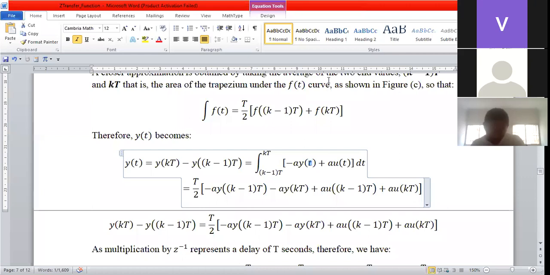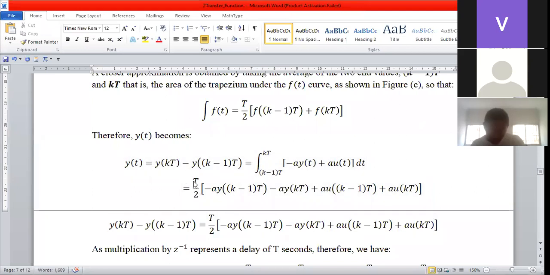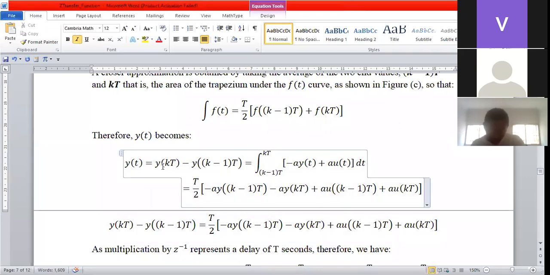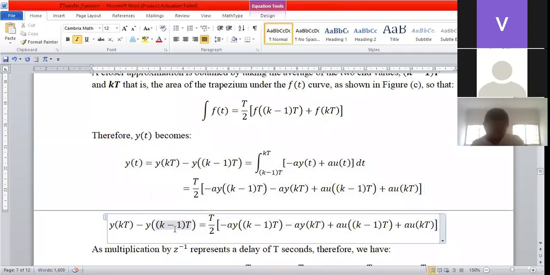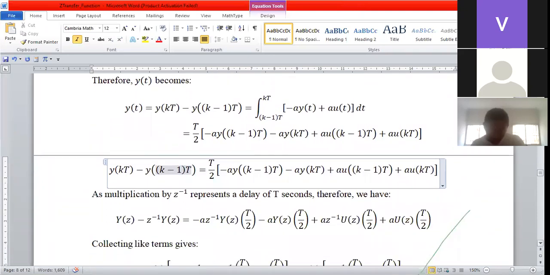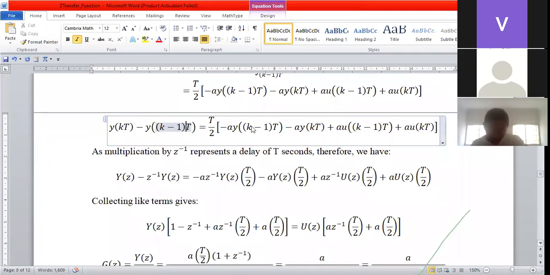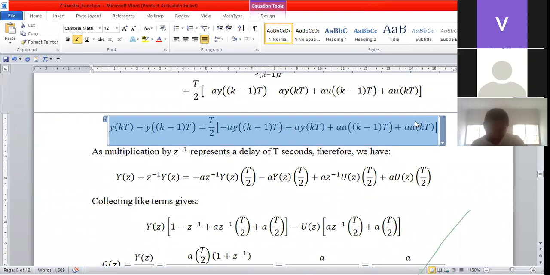Then you multiply by t divided by 2. This equation is just the same thing with what you have here. Then the z transform of this is given by this, so I will not go over it again.